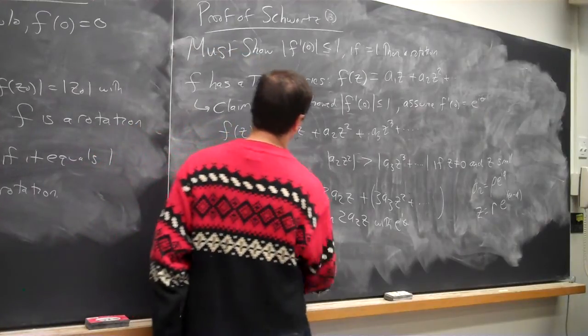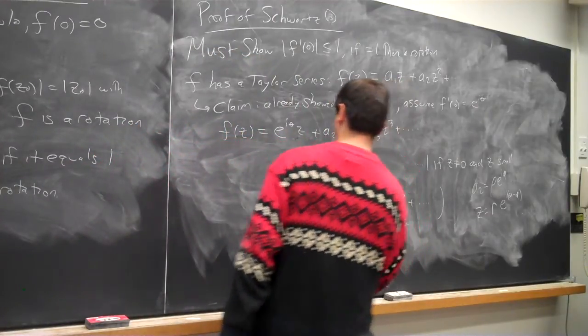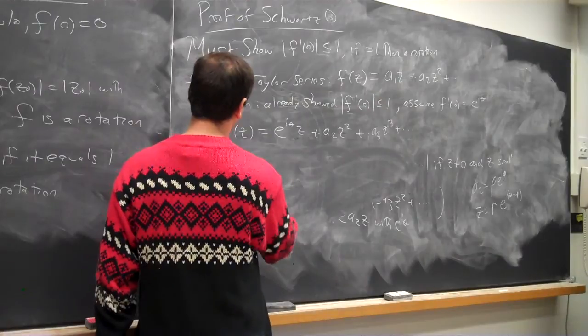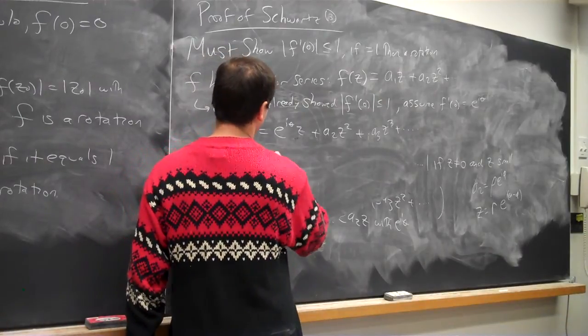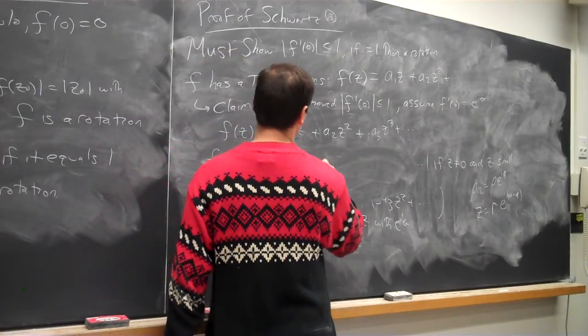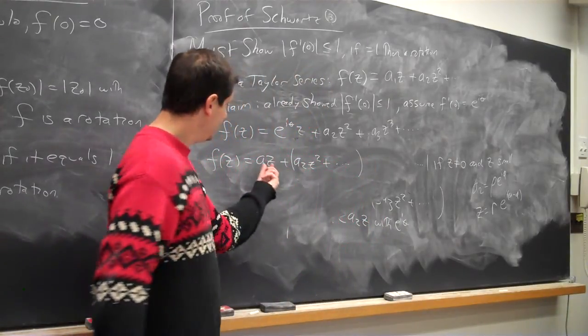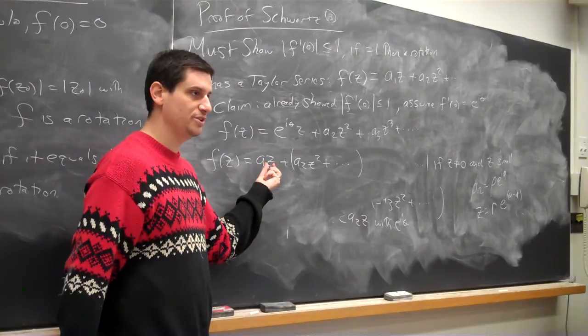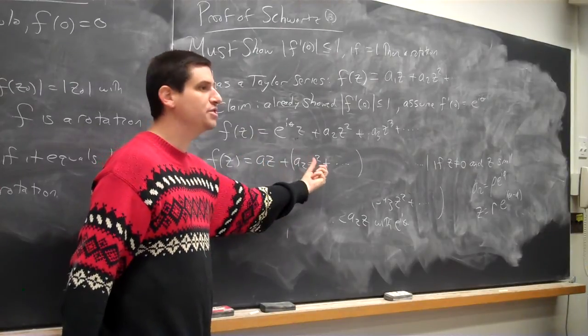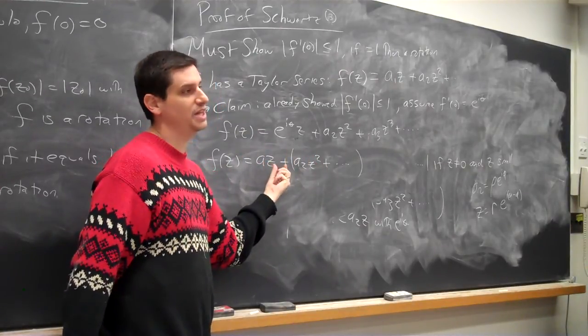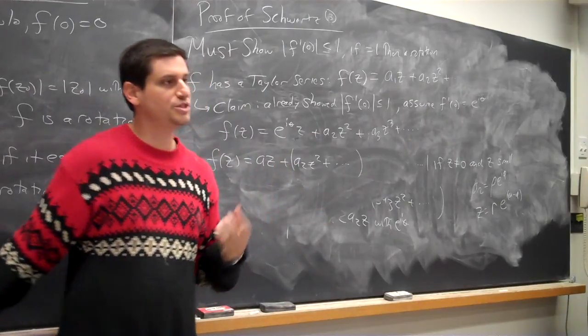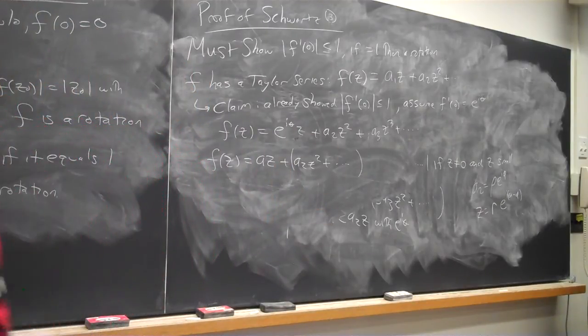So since we only have half a minute, I'll just write it very, very fast. If we have f of z is az plus a2z squared plus dot dot dot, if this number is greater than 1 in absolute value, I'm going to have a problem. I can make z so small that it's still going to be greater than the absolute value of z. So you can actually use this to completely avoid all of the arguments from the book.